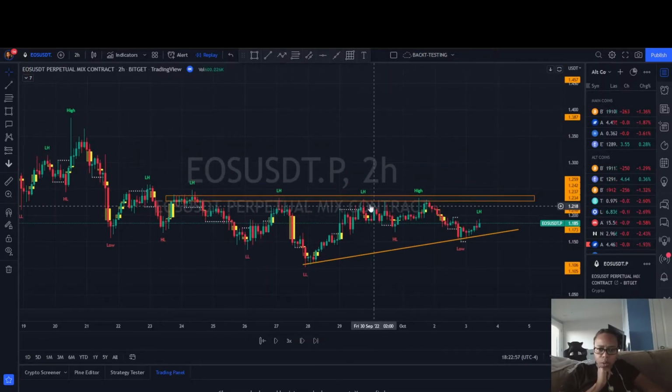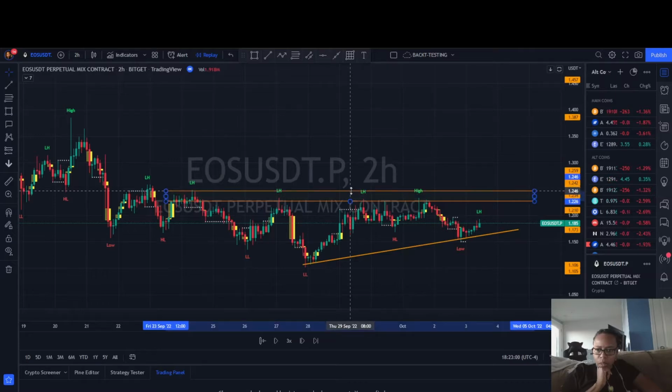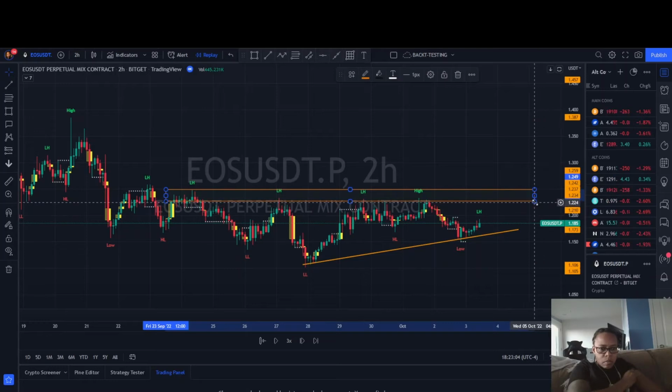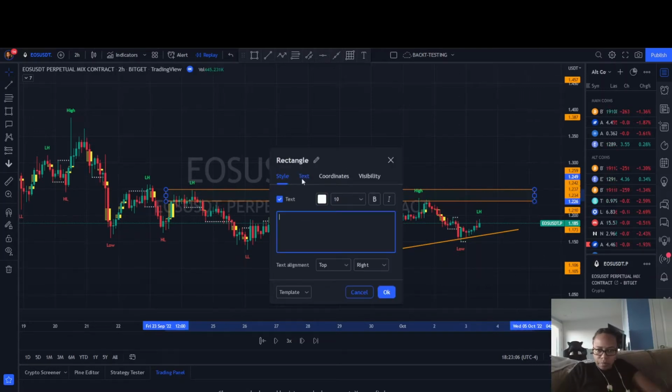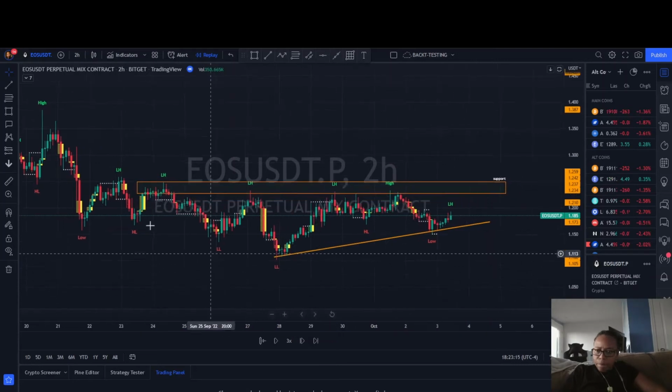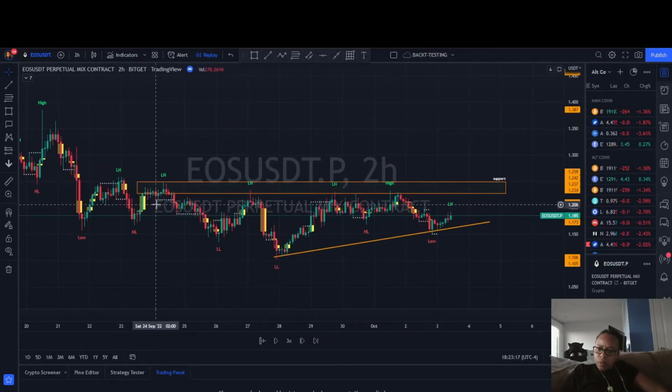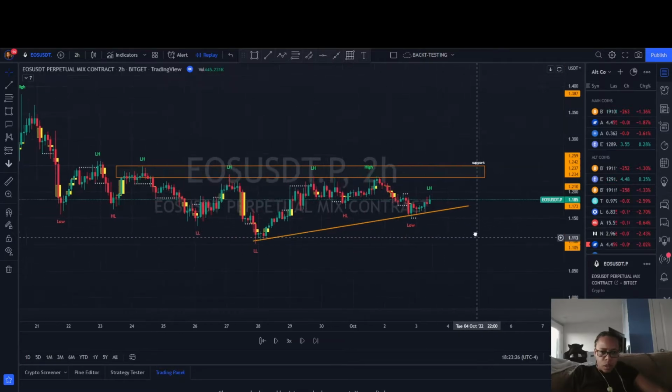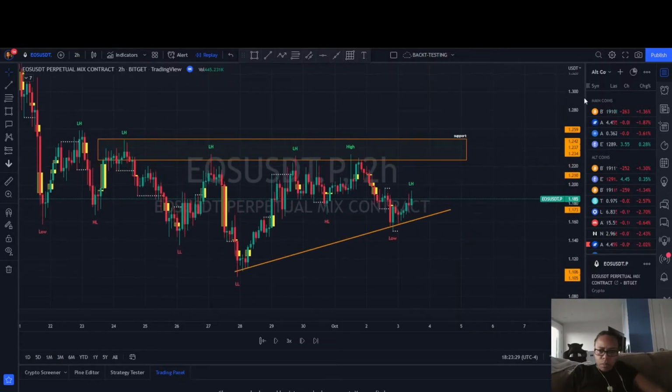And I'm sketching out this little area as, let's call it support, like a support area. We did a little weak break here. See if we see anything fun like equal lows, anything juicy to play with.